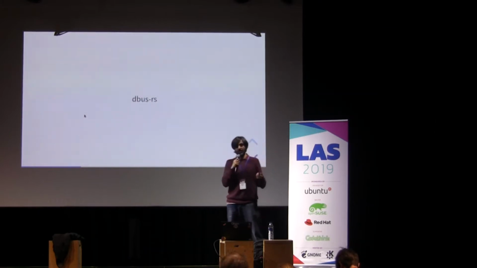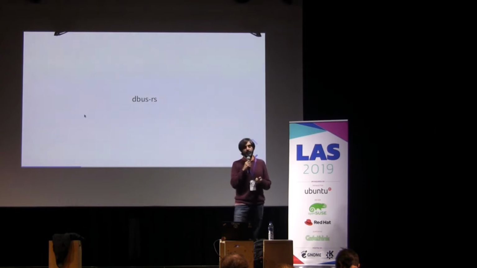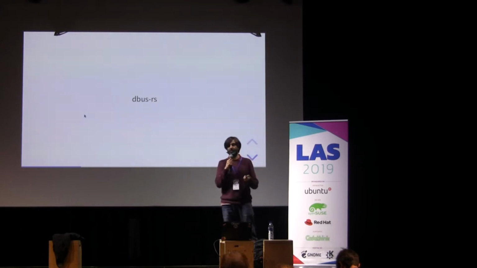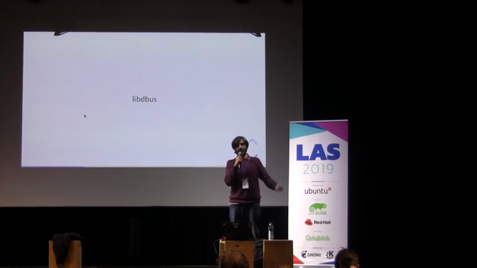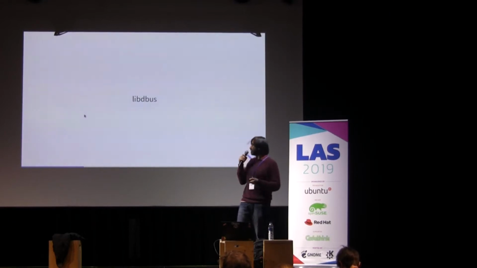There was a ZBus library for Rust, it is not was, and it's using libdbus, which is a C library. So all the actual work is happening in an unsafe language, and that was my whole point, to do things in a safe language, especially things that handle interprocess communication. That would be very nice to have all of it in a safe language.